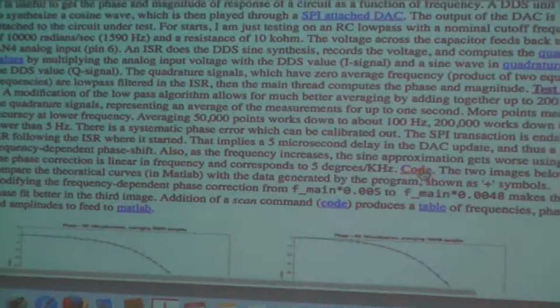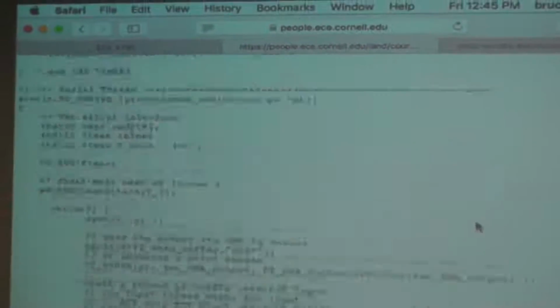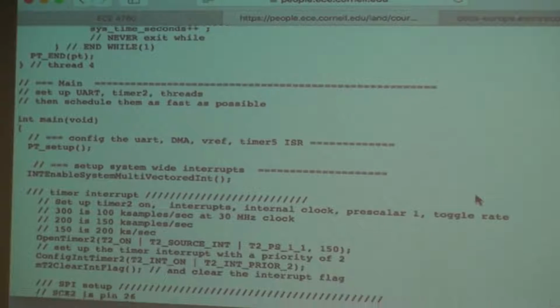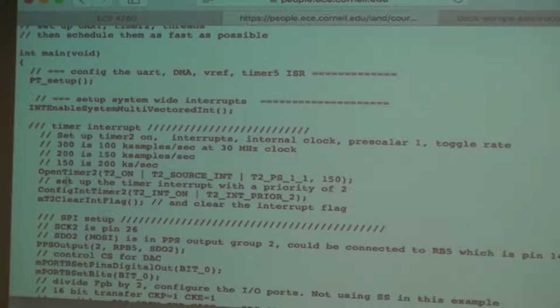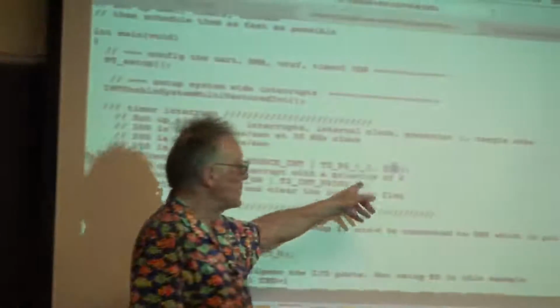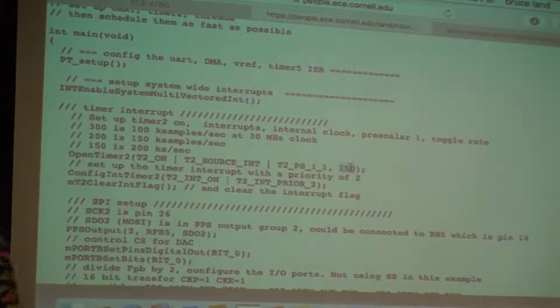Digital signal processing, let's go look at some code, this one. So this is generating a sine wave, but the only thing that matters is where we set up the clock. So there's a timer interrupt right here. We're opening the timer, configuring the interrupt for the timer, and you'll notice that the period of the timer is 150 cycles. That sets the sample rate. This happens to be set to 200 kilohertz right now, I believe.